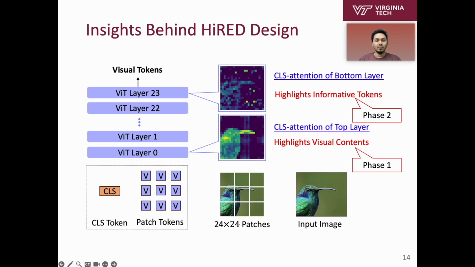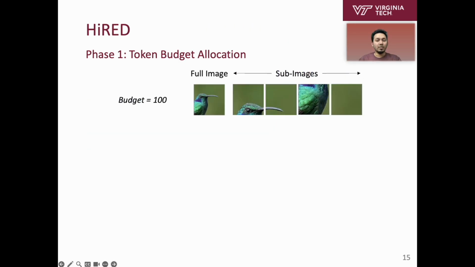in the next slide. In the first phase, we allocate a user-defined token budget, say 100 in this example. The budget for the full image is allocated using a multiplier parameter, which we explored through experiments in our paper. The remaining budget is allocated to sub-images.